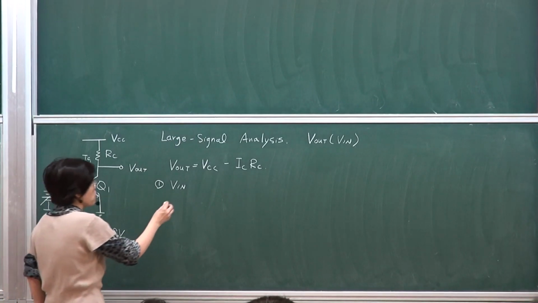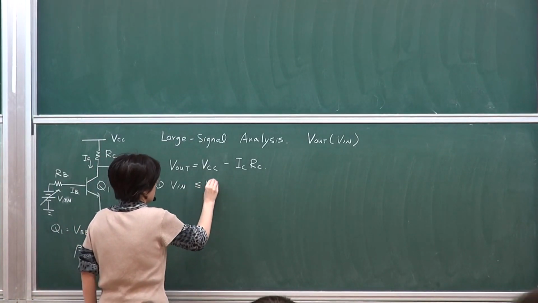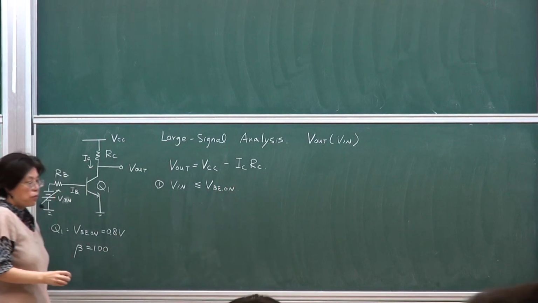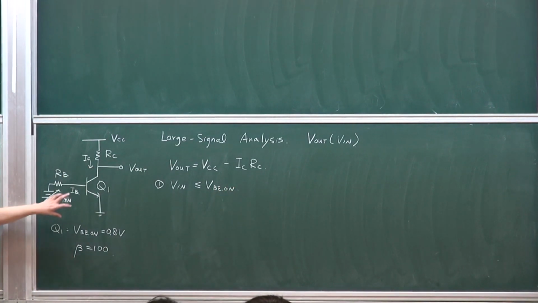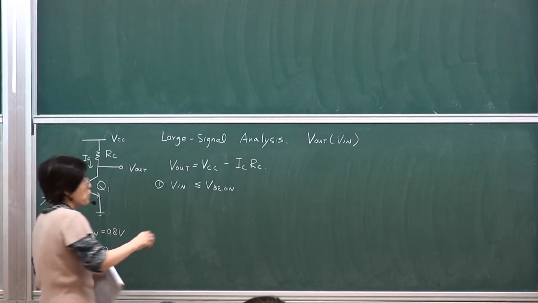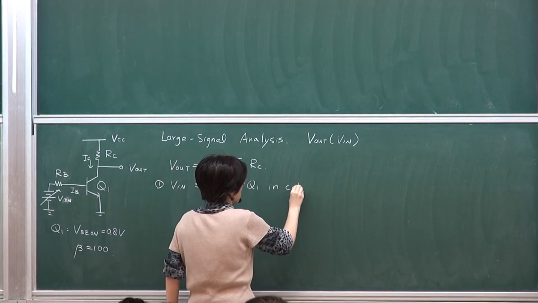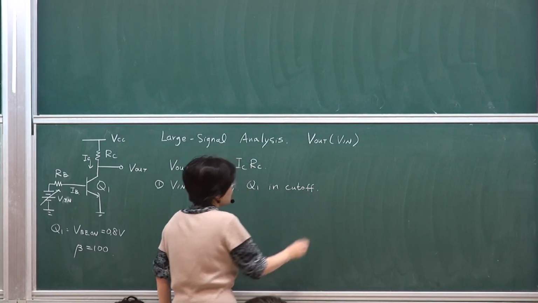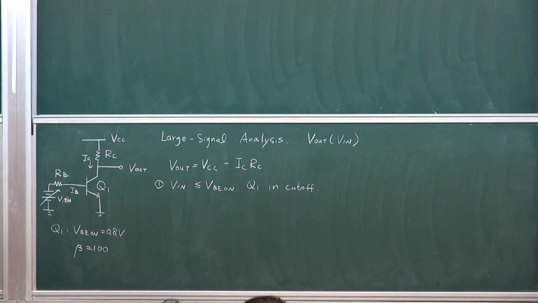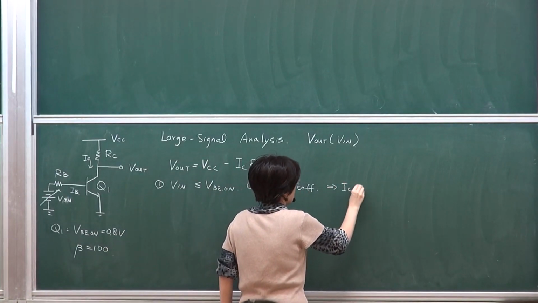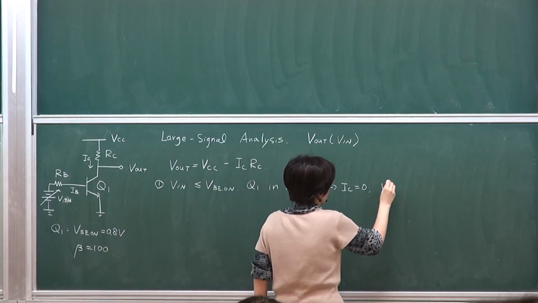So if Vin is smaller than VBE on, you assume this device is not turned on, which means Q1 is in cutoff. Based on the constant voltage model, when it's smaller than VBE on it's cutoff, meaning that IC equals 0, therefore Vout.